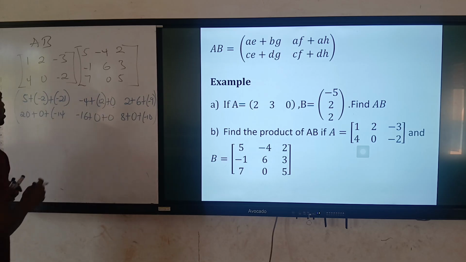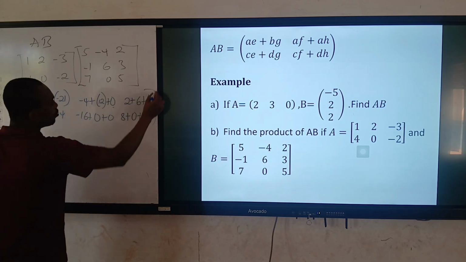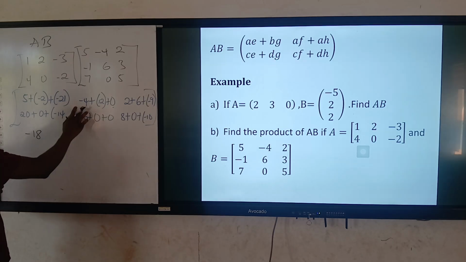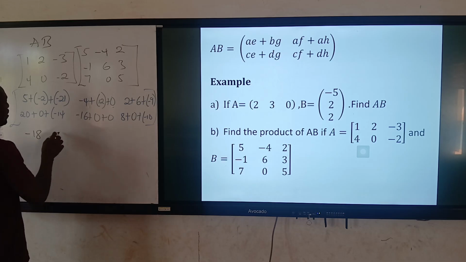Then you put it in a square bracket. Now let's put them together. Here we have 5 plus negative 2 plus negative 21, which gives negative 18. Then negative 4 plus 12 plus 0 gives 8.